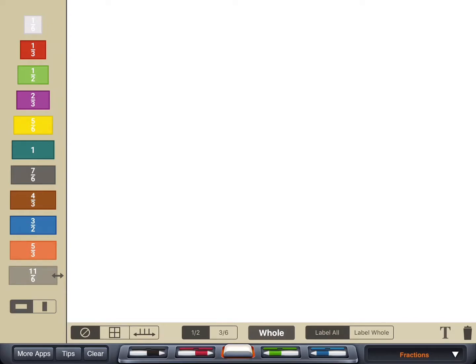So let's consider this question, 1/6 divided by 2/3. So the question becomes, how much of 2/3 will go into 1/6? And if I model it over here, there's my 1/6.